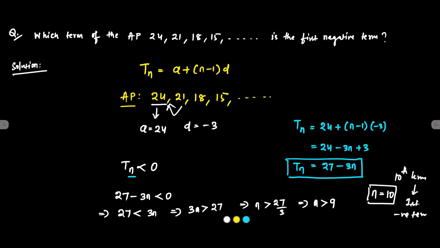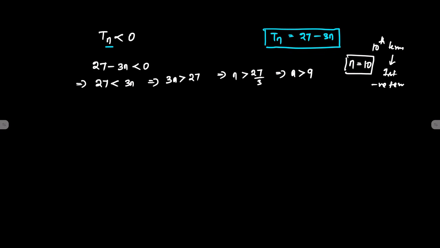So let's test it. Let's try to find out the 9th and 10th terms. The 9th term T9 is equal to a plus 9 minus 1 d, so a plus 8d, which is equal to the first term 24 plus 8 into the common difference minus 3, so it is 24 minus 24, that is equal to 0. The 9th term is 0.